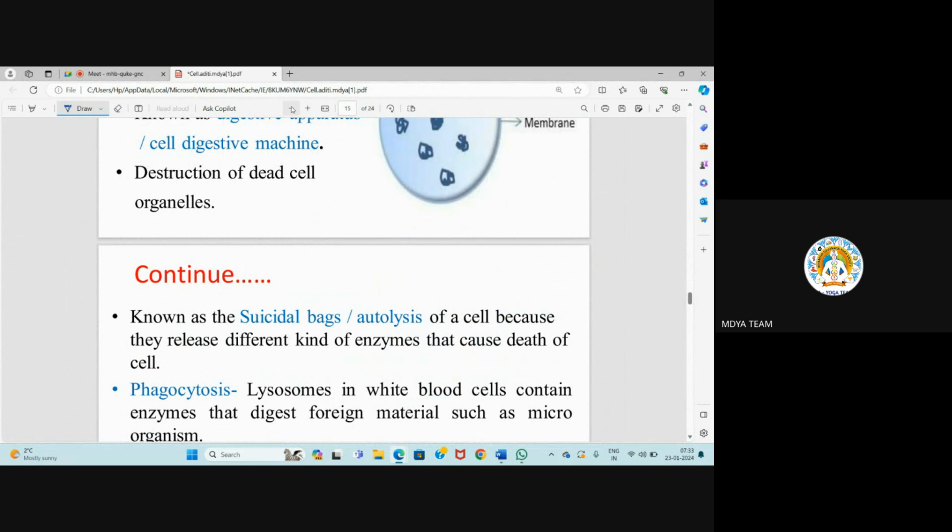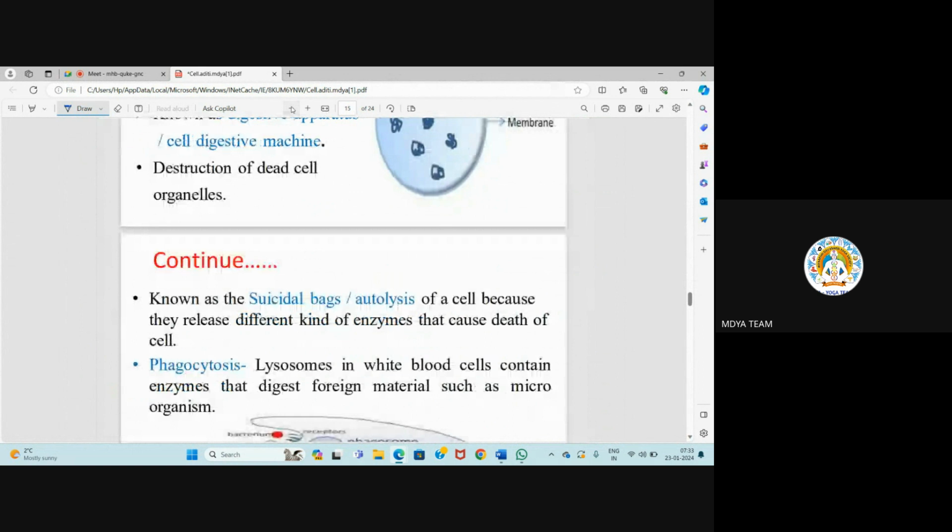And the process of eating itself means if I am the lysosome, so I am cleaning myself, means I am eating myself for cleaning out the cell. So this process is known as autolysis, and that is why it is known as suicidal bag. Means it is cleansing itself, it is eating itself inside the cell, and it is becoming nothing. Means it is becoming dead by digesting itself. So that is why it is known as suicidal bag.